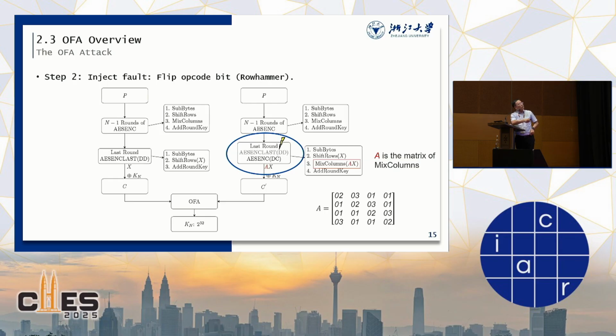Since it equals a 10-round AES, basically in the last round, suppose X is the input to this stage, and you introduce the MixColumns. Basically, the state will be multiplied by a matrix A, where A is a fixed matrix, using the traditional MixColumns.